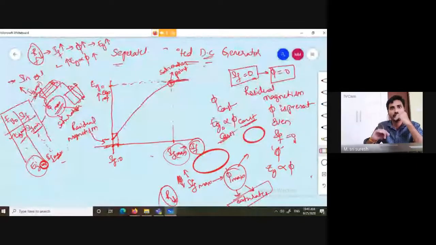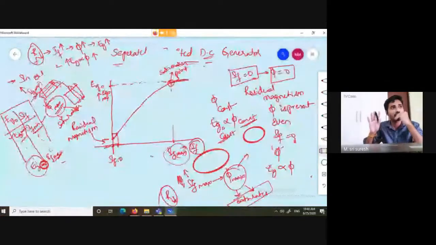In the same manner I have explained till now, the similar characteristics exist only for open circuit characteristics, not other characteristics. That means all the generators under no load condition behave the same. That is the main important point.